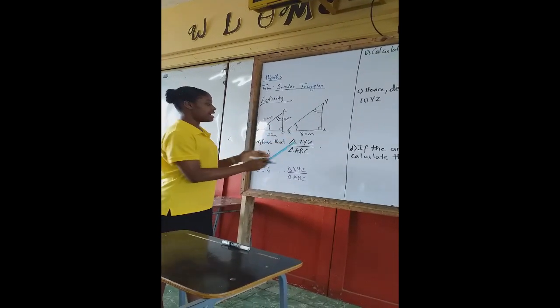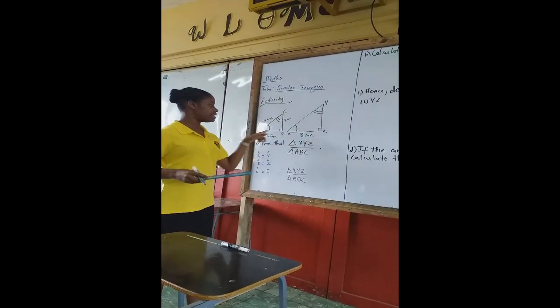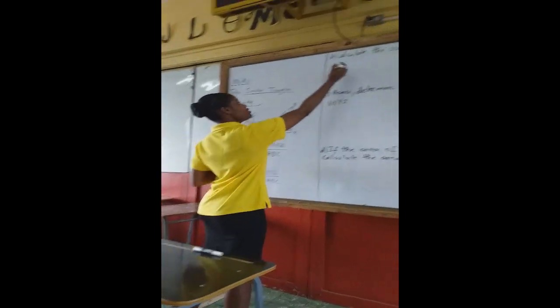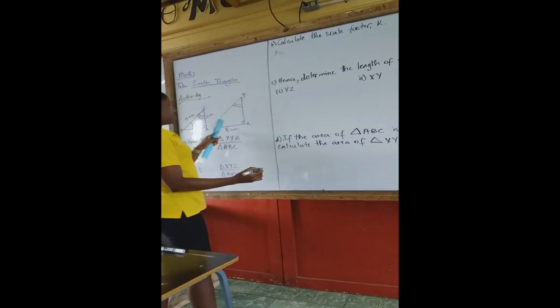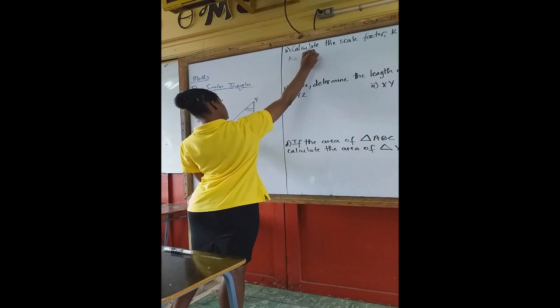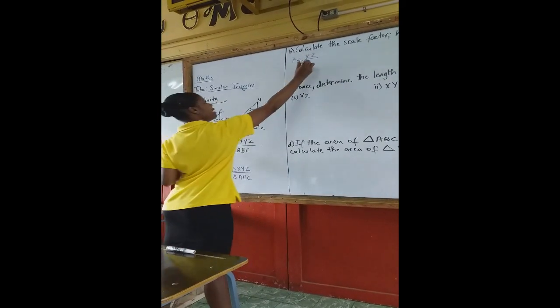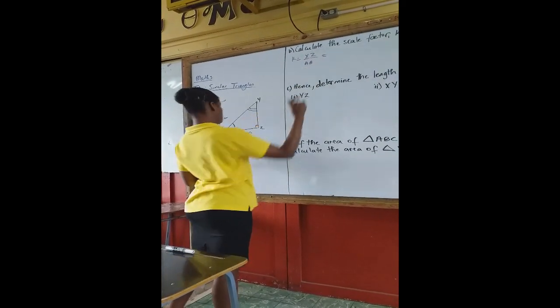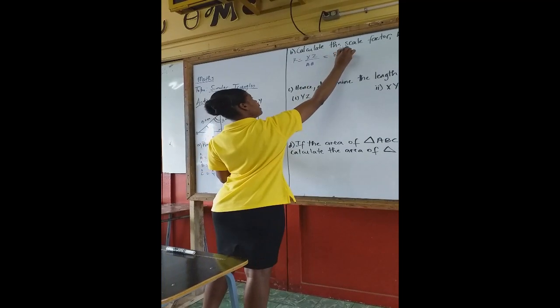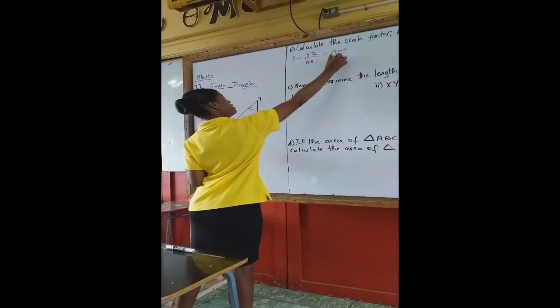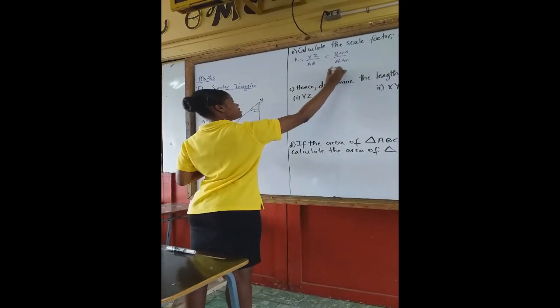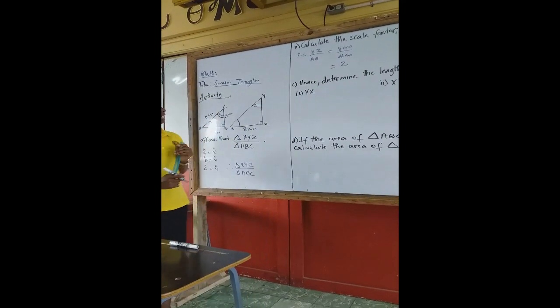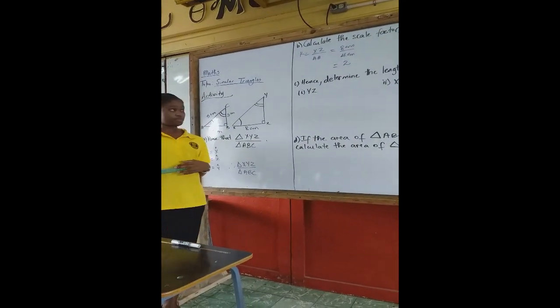Now we have to divide the bigger side by the smaller side. So K is going to be equal to XZ over AB, which is equal to 8 centimeters divided by 4 centimeters, and we get K to be equal to 2.